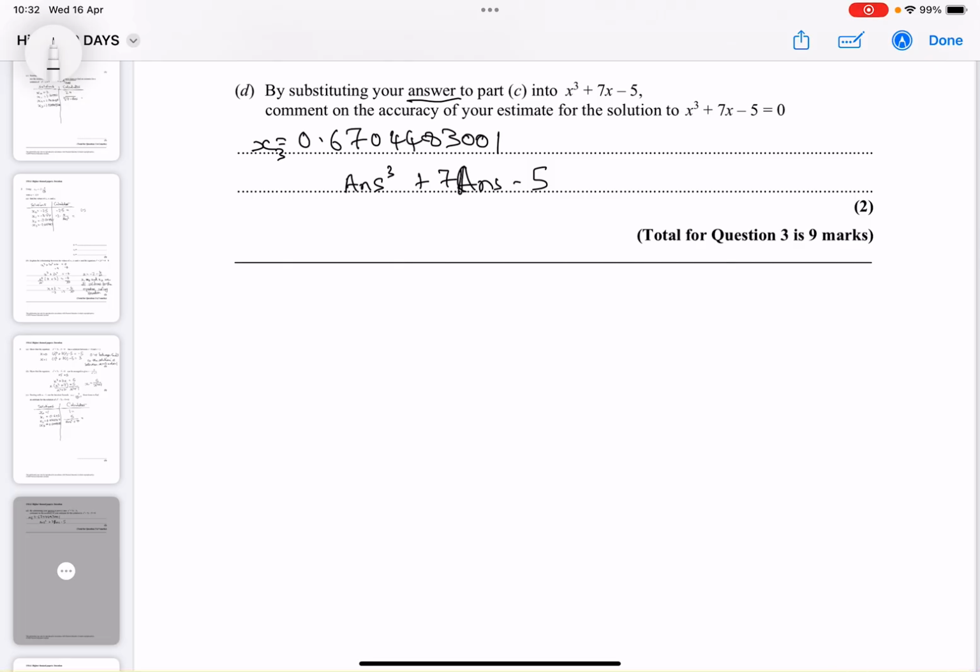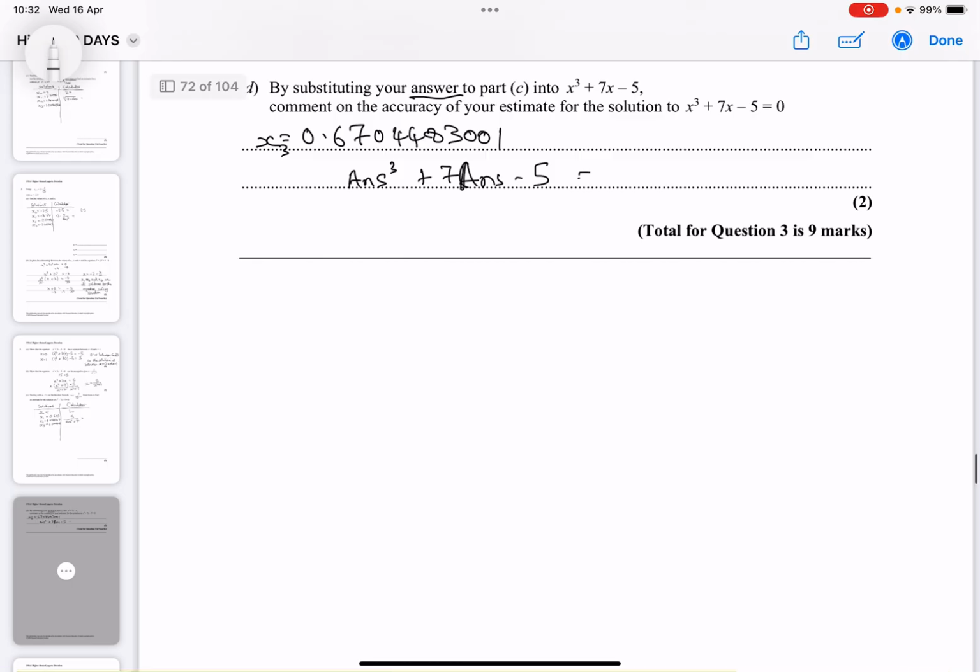Equals, so what I've got is it in standard form, a negative, minus 5.4947, etc., times 10 to the negative 3.